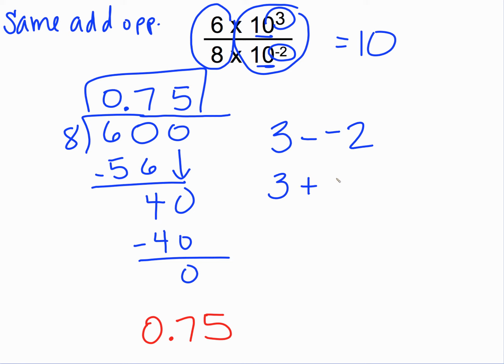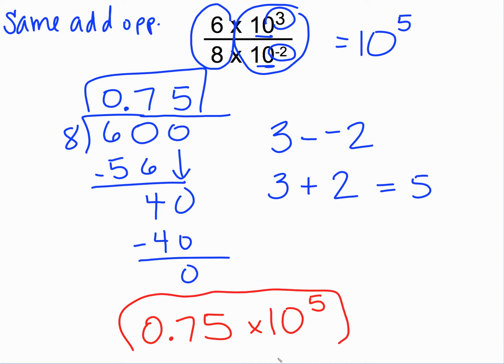And the opposite of a -2 is +2. And now look at how easy that is. It's 3 plus 2, which is 5. So my exponent here is a 5, because 3 minus -2 is 5. So what I have down here at the very bottom is 0.75 times 10 to the 5th. So I've taken care of the division and I have an answer.